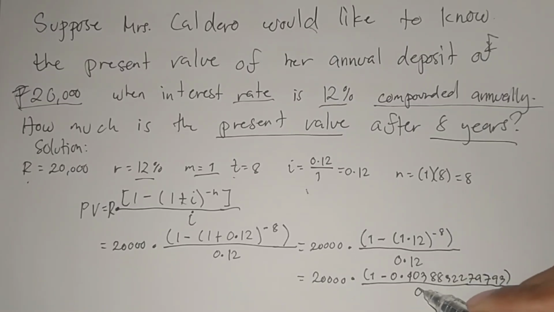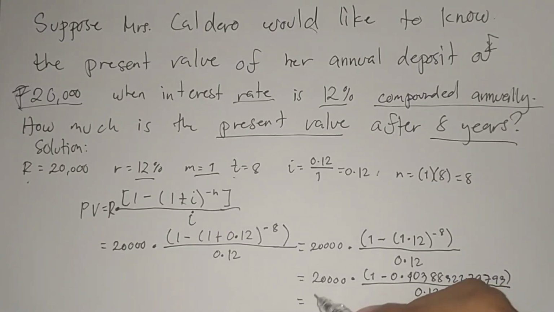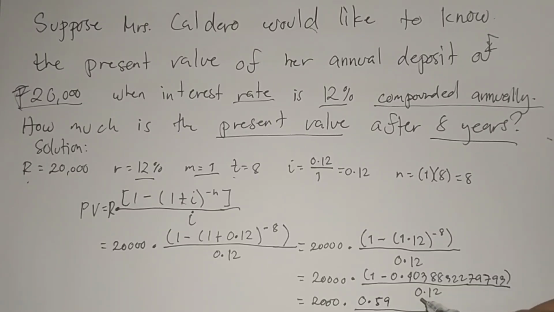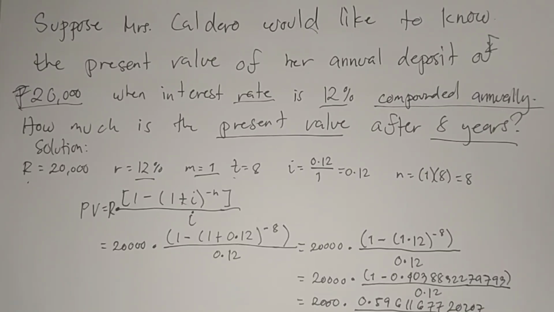Then copy the 0.12. After exponent is subtraction, so copy first 20,000. So 1 minus 0.40 is 0.5961167720207. Copy the denominator 0.12.